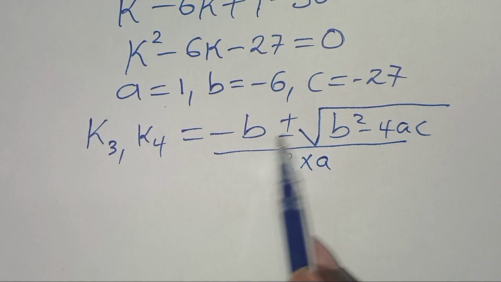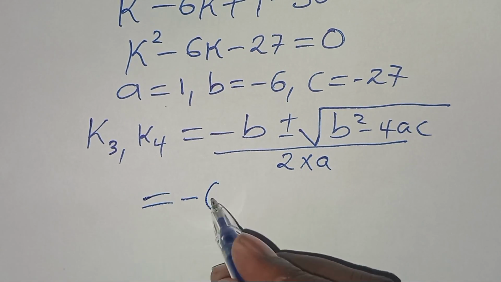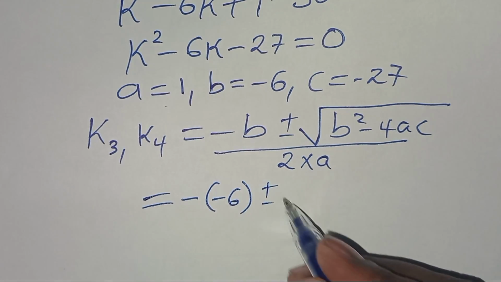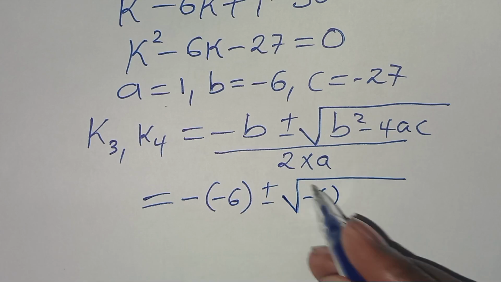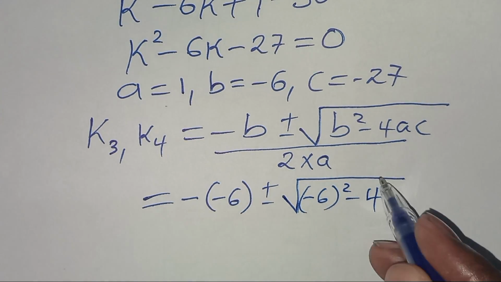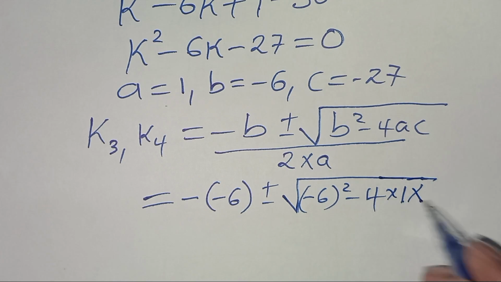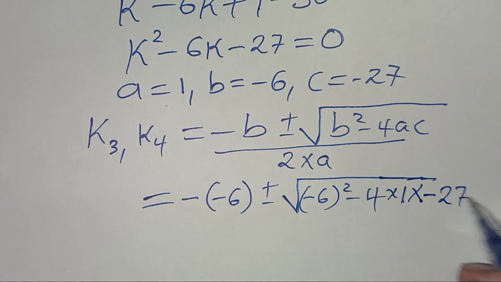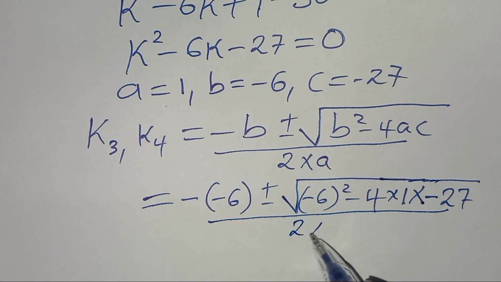Let's substitute the values of a, b, and c so that now we have negative 6 plus or minus the square root of b squared, this is negative 6 squared, minus 4 times a, which is 1, times c, which is negative 27. All this divided by 2 times 1.